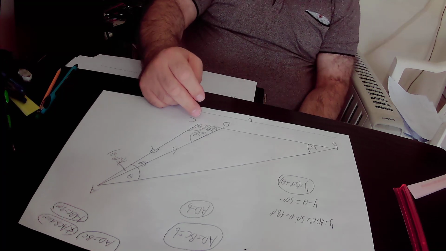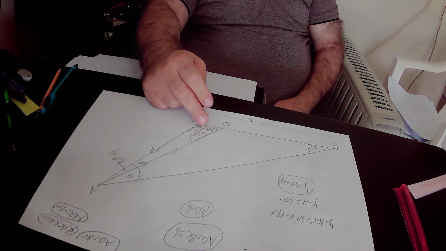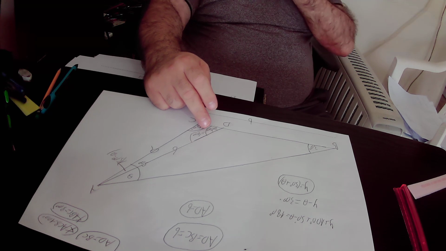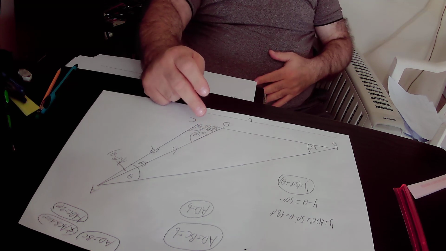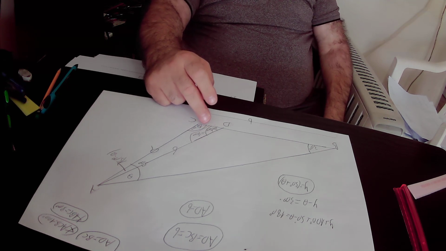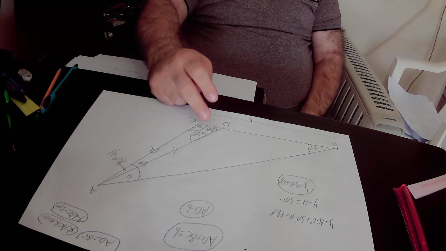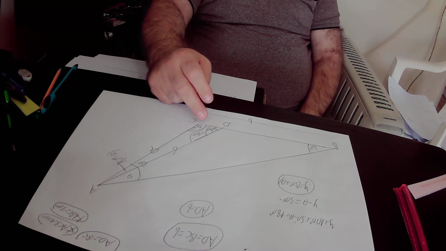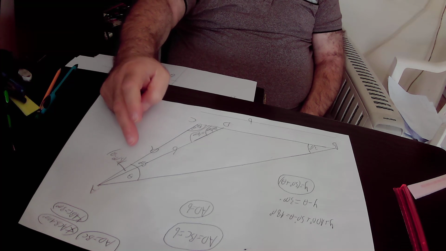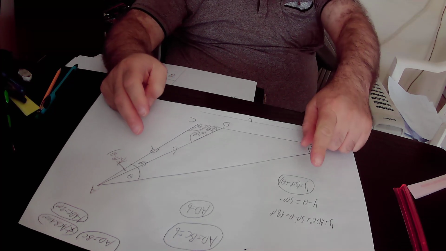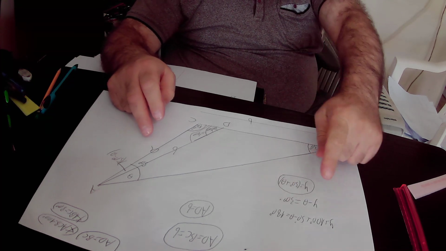But before that, we found out the value of this angle. We defined this angle, angle ADC, the angle that we are looking for, as y. And we know that the sum of the angles in any triangle is equal to 180 degrees. That is to say, angle y plus 100 degrees plus this angle that is 50 degrees minus theta must be equal to 180 degrees.